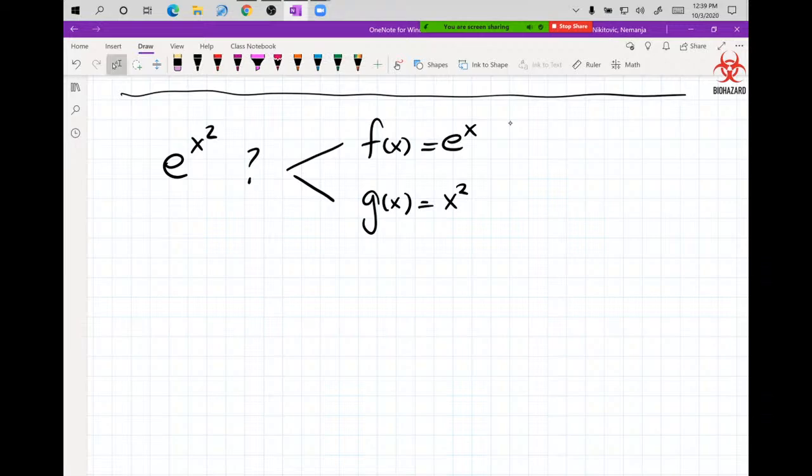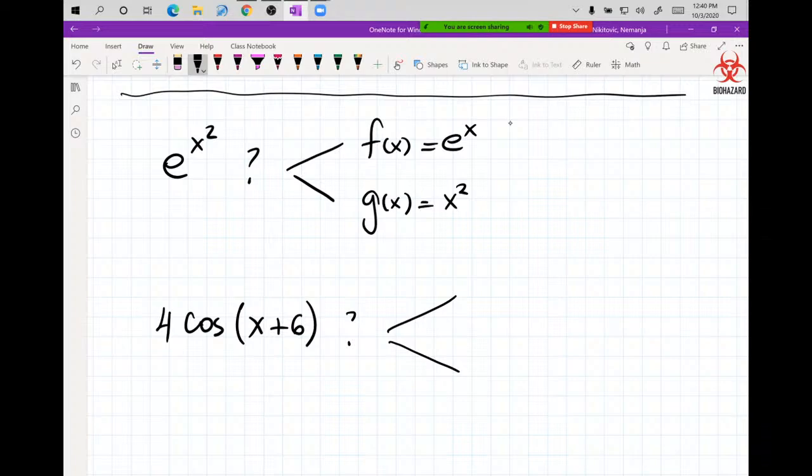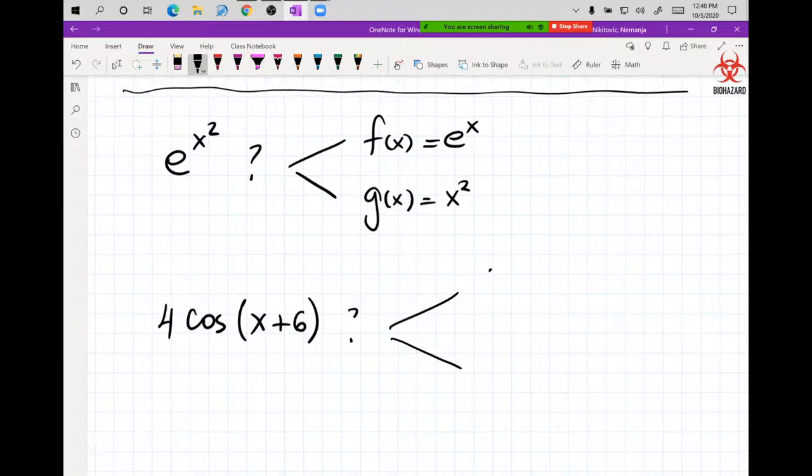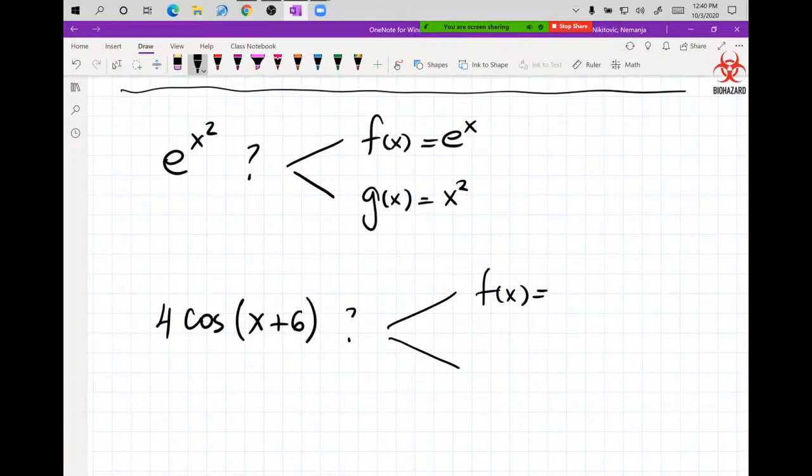Let's have another example. How about 4 cosine of x plus 6? Can anyone tell me what is the main function and what is the one that it's plugged in? f of x is your main, and then g.